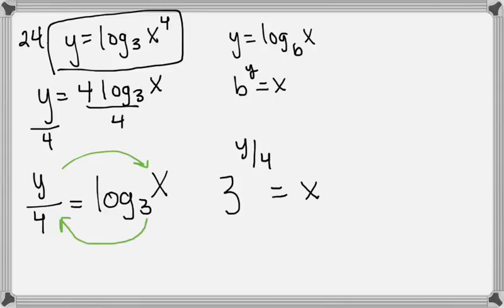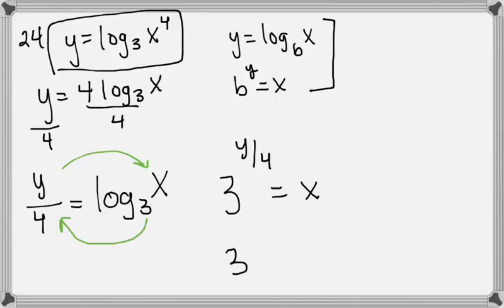So you take the base, raise it to whatever's on the other side, and it's going to be equal to whatever you were taking the log of. It's just like this up here: b to the y equals x. And now I switch x and y and simplify if I need to.